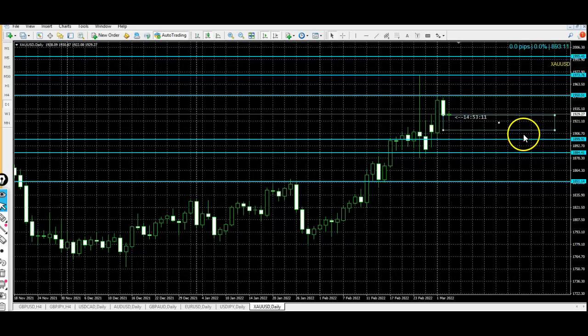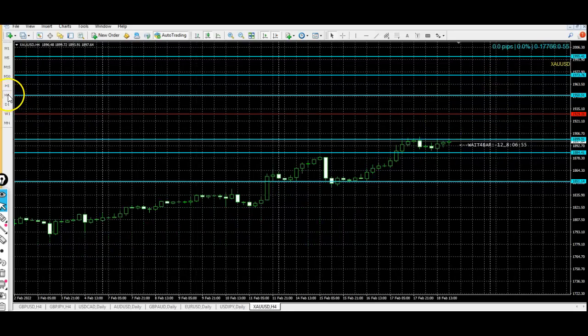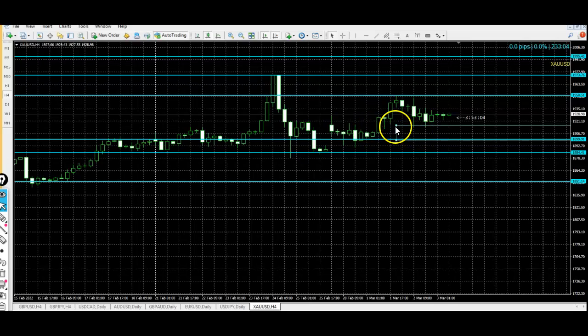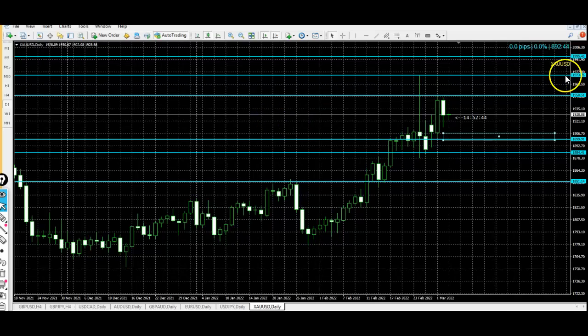Look for price to pull back, perhaps into this zone here, and then look for a buy on the 4-hour time frame, a bullish engulfing candle, or a kangaroo tail. Look for rejection candles or a kangaroo tail at these zones here. Okay, so let's see how price goes.